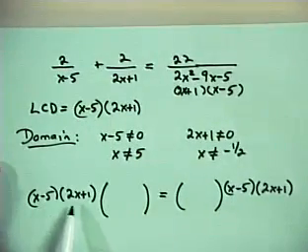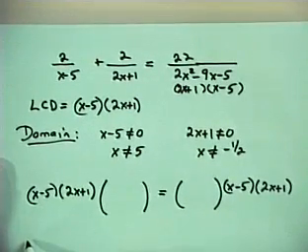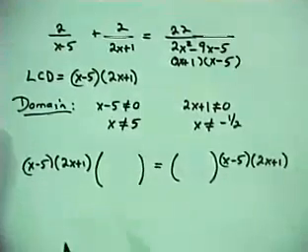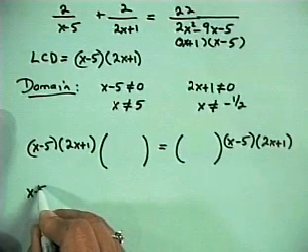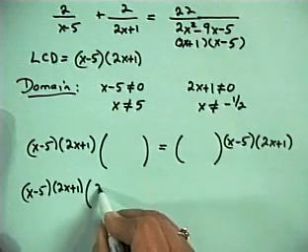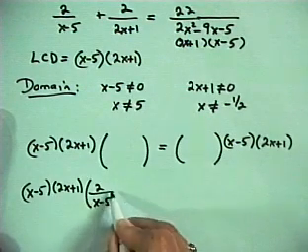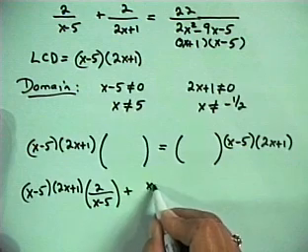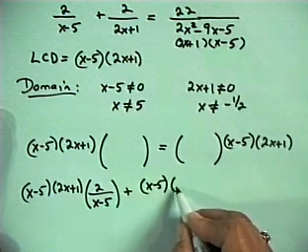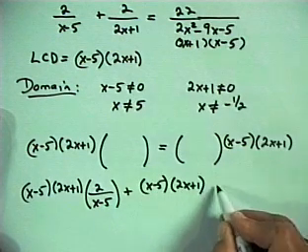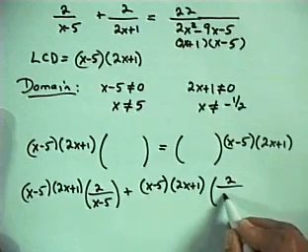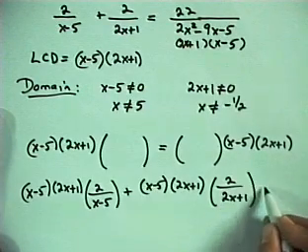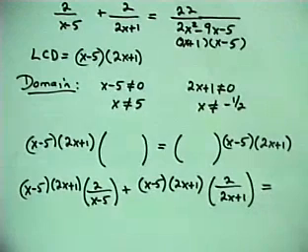We'll need to distribute this lowest common denominator and multiply that by each of these two terms. So we'll have x minus 5 times 2x plus 1 multiplied by 2 over x minus 5, and the same thing for the second term, x minus 5 times 2x plus 1 will need to be multiplied by 2 over 2x plus 1. And we'll take care of the right-hand side of the equation in a few moments.